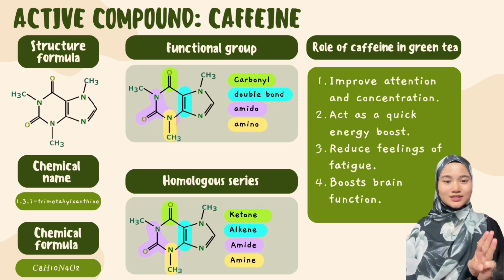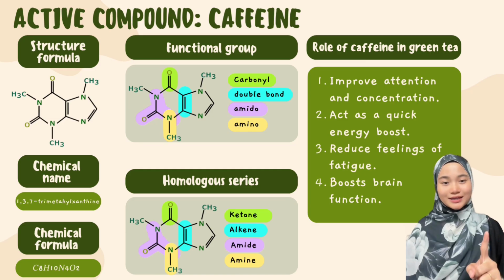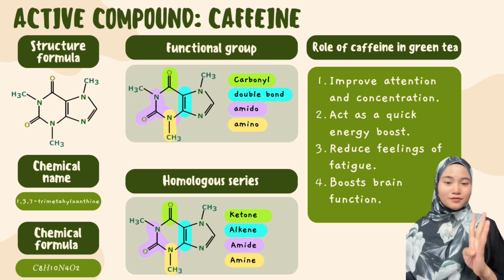The third homologous series is called amide. Amide has a functional group called amido. How do we know the functional group is amido? How do we detect that? So, amido is a carbonyl group attached to an amino group and hydrogen. That is called amido, where the amino group in here is a nitrogen. The fourth homologous series is amine.